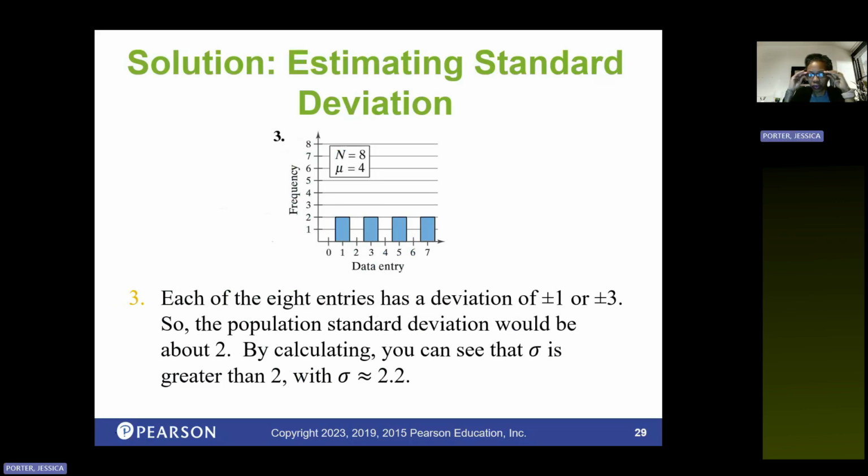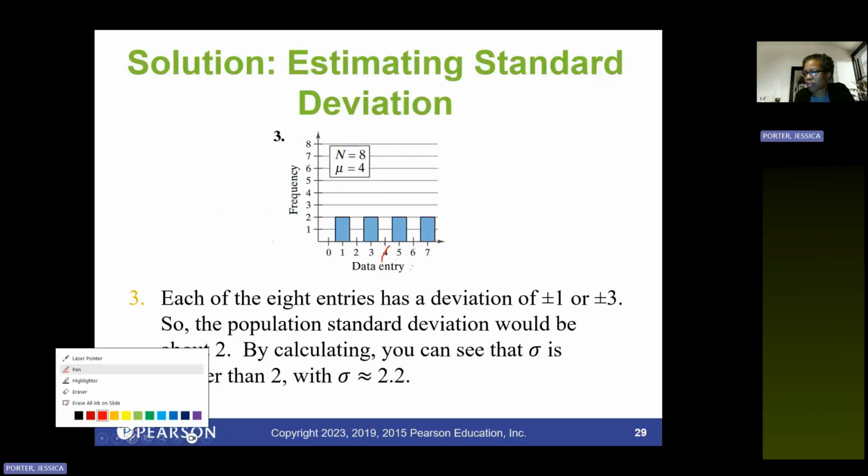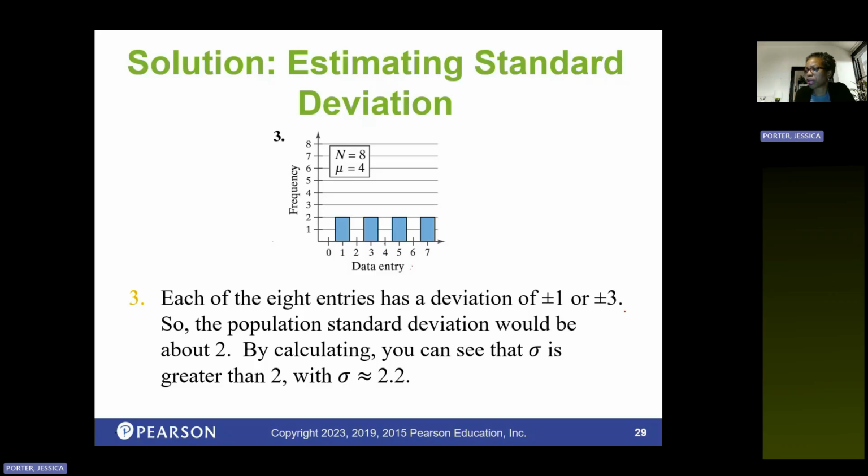And so the logic behind it being about 2 is this here. Your mean is 4. Each of the 8 entries has a deviation of plus or minus 1 or plus or minus 3.